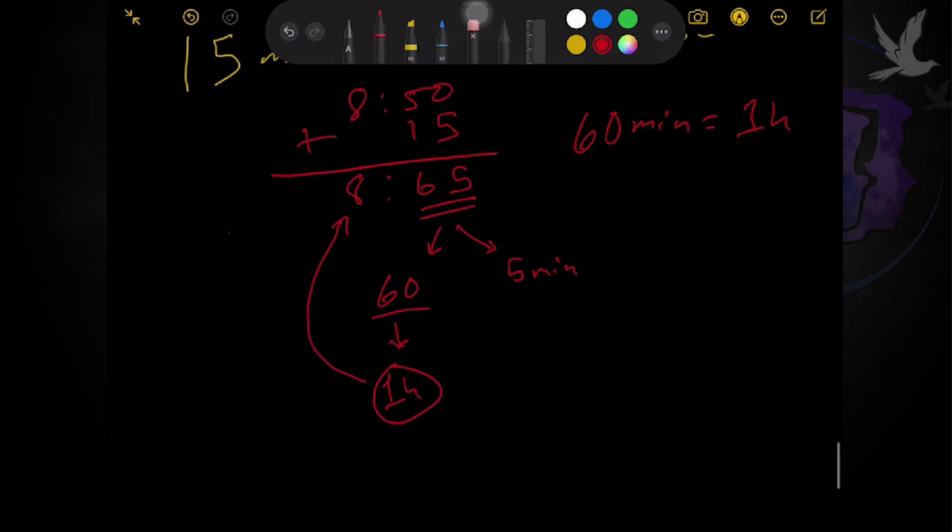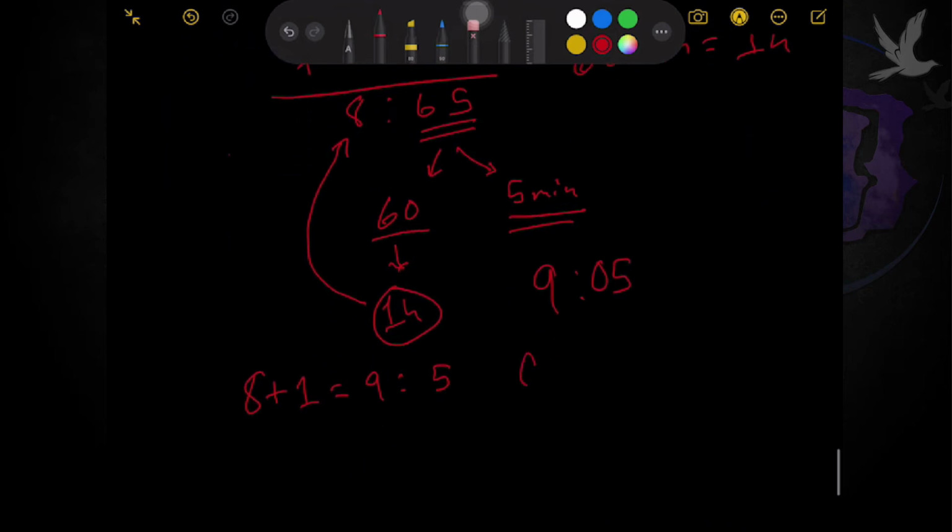So that becomes 8 plus 1, which is equivalent to 9. And what is left here is 5 minutes. Do you write 5 like this? I mean, it's time, okay? So you do not write 9:5. Teacher, it's already 9:5. No, you do not write it that way because you should add a 0 before 5. Okay? Kailangan nyo mag-add ng 0 before ang 5.